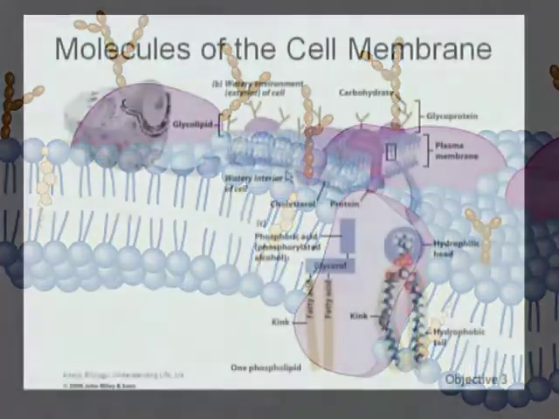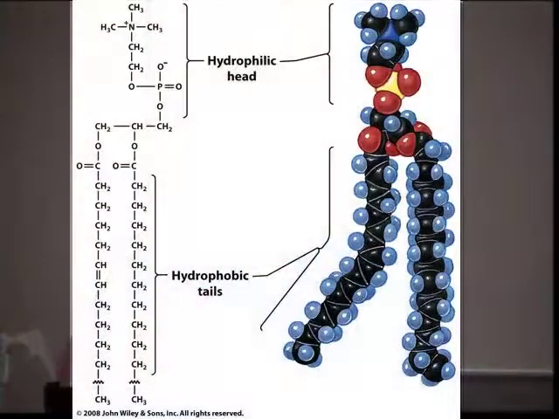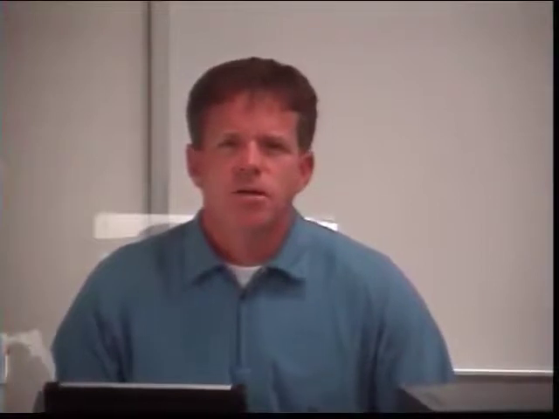And you also talked about your saturated versus your unsaturated fats and the bent fatty acid chains versus the straight ones. This is what gives that cell its liquidity. Because if you think about when you talked about solids, liquids, and gases, at room temperature, some of our lipids are solids, and at room temperature, some of them are liquids.